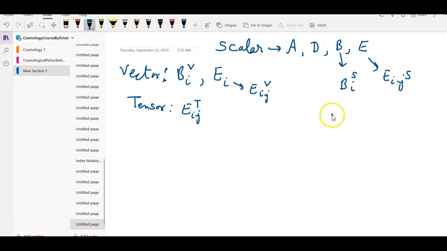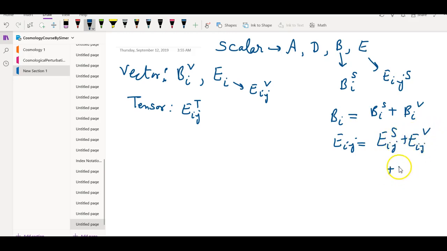So the original perturbation was bi vector, we split it into bi scalar and bi vector, and the original perturbation was eij tensor, we split it into eij scalar, eij vector, eij tensor.